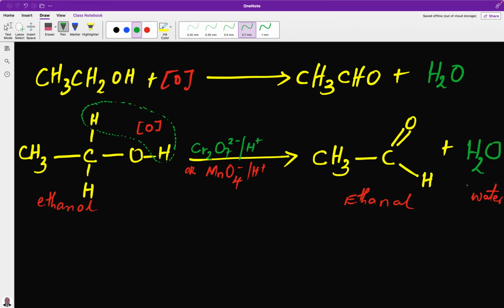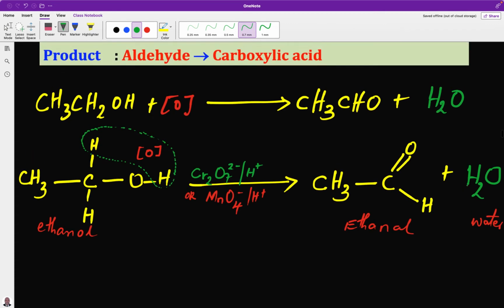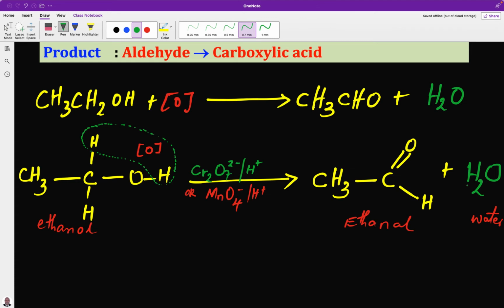I said once more, in this reaction the primary alcohol used must be in excess. And this alcohol, for instance ethanol, is heated under reflux with acidified potassium dichromate(VI) or acidified potassium manganate(VII).